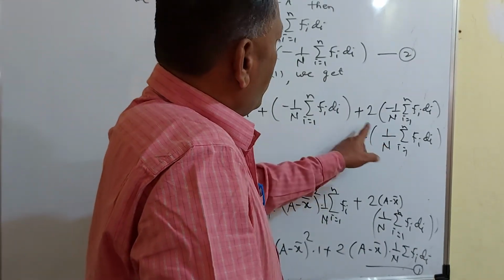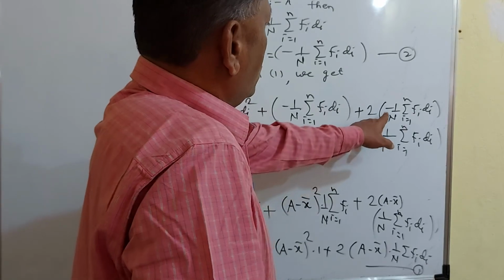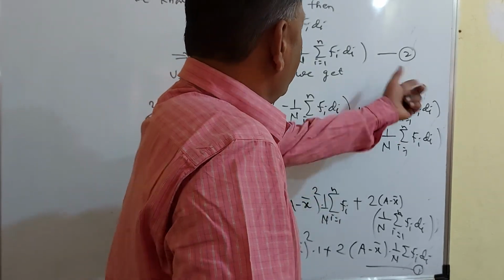So here minus 2 times 1 upon n fi di and its square.